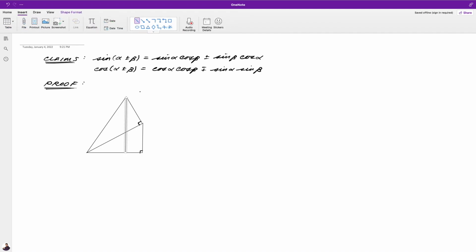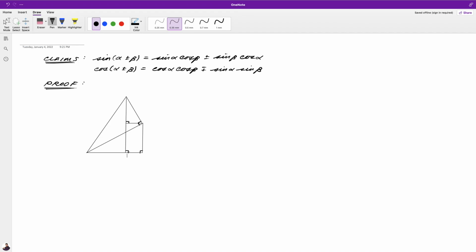And we want to make sure also we have this segment coming across like so. I think this is going to be good enough to prove our statement here. We're going to call this K, so some constant K. And this will be alpha and this will be beta.